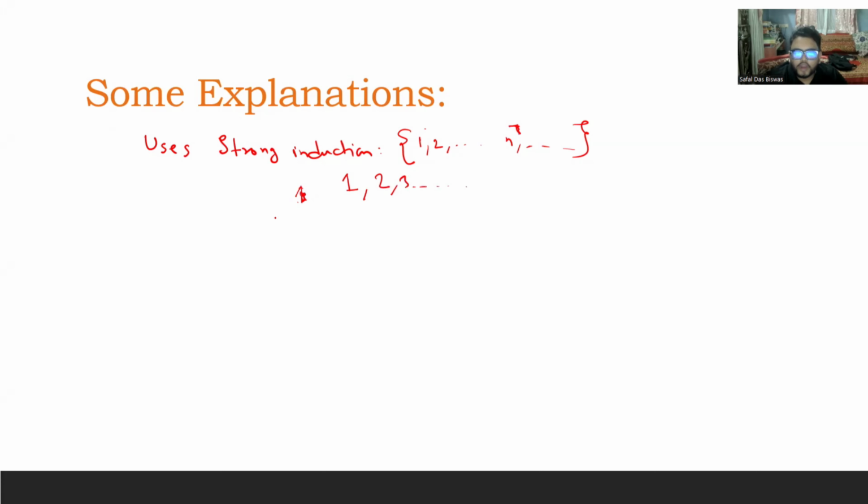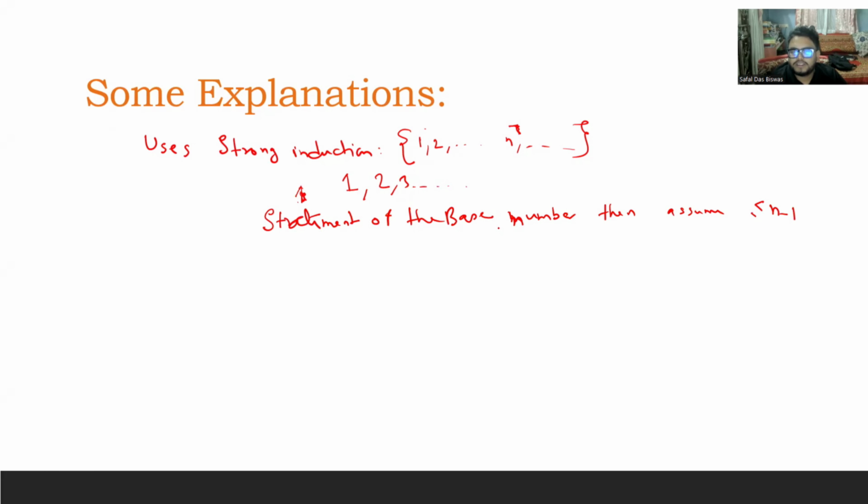So in strong induction, we prove the statement for the base number. Then we assume it is true for all numbers less than or equal to n minus 1.